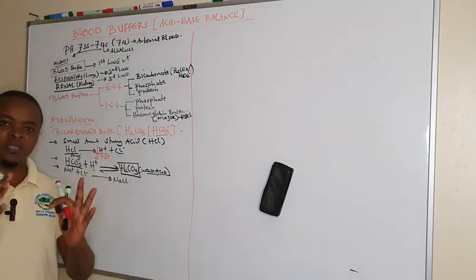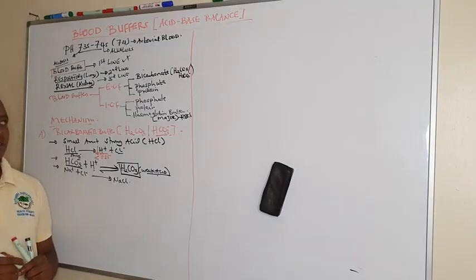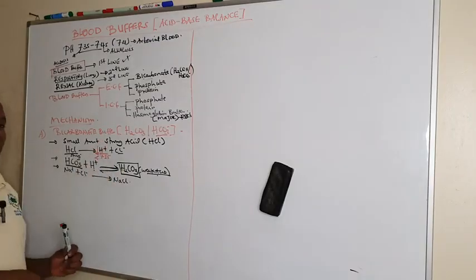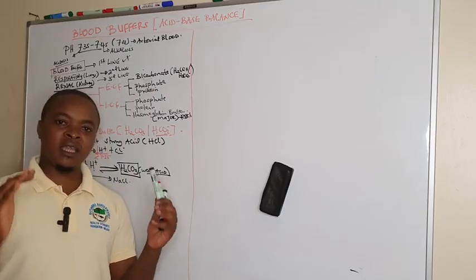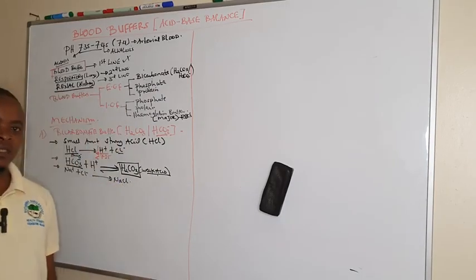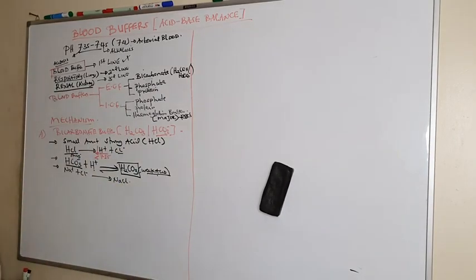So it will keep the pH at a relatively constant level, because these buffers make sure they maintain the hydrogen ion concentration in the blood at a constant level. They don't remove, but they maintain at a constant level.